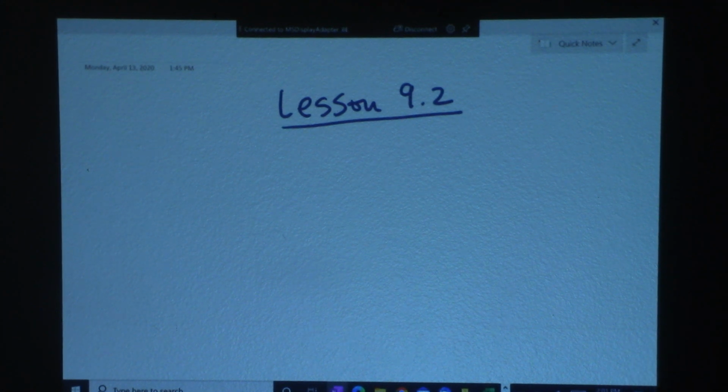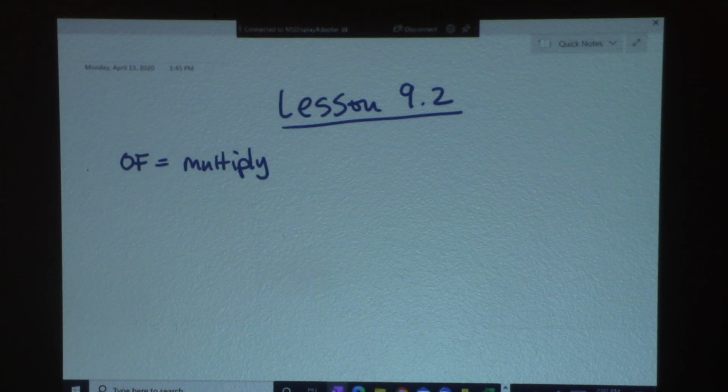Now the first thing we want to talk about, this has to do with percents. The whole chapter 9 is about percents. But we need to know how to do some word problems and know what certain words mean. So when we see the word of in a math problem, that means multiply.